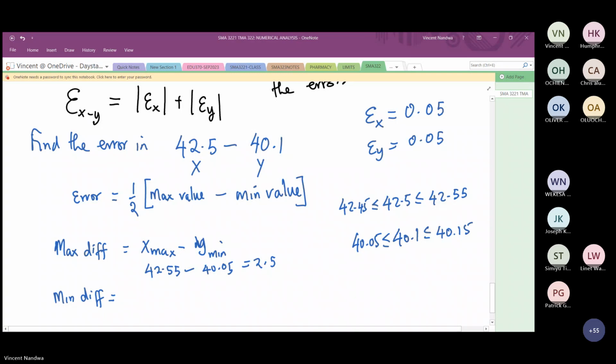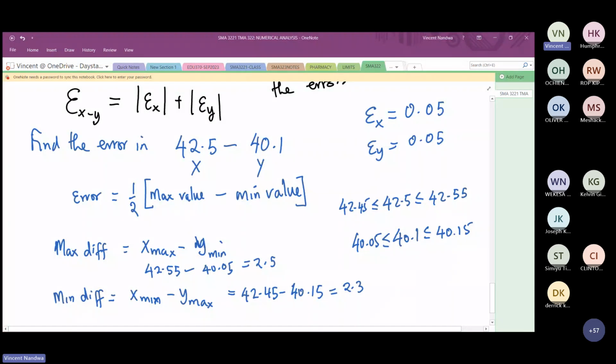Minimum x minus maximum y, correct. So minimum x is going to be 42.45 minus maximum y, which is 40.15. So this will give us 2.3.